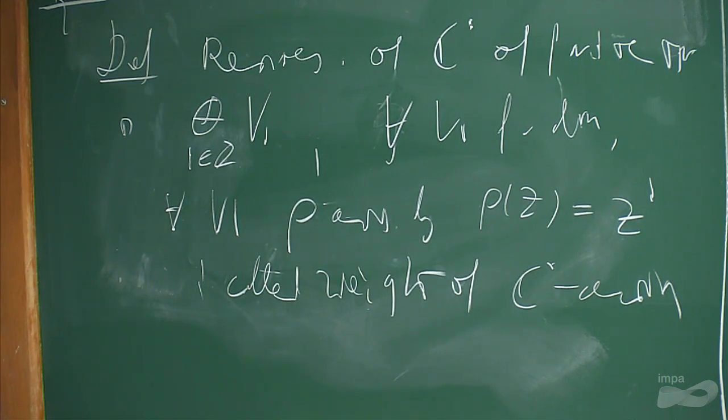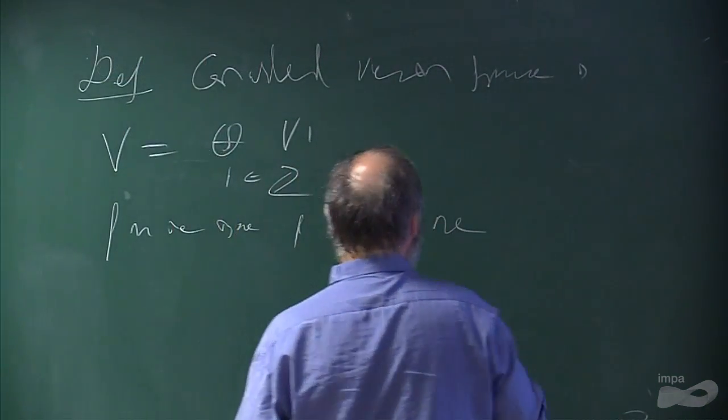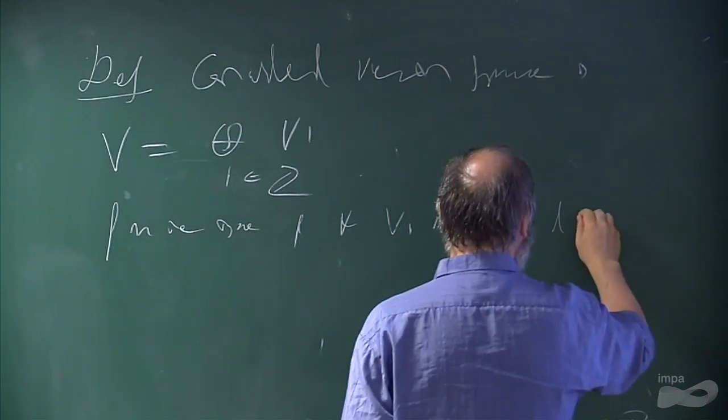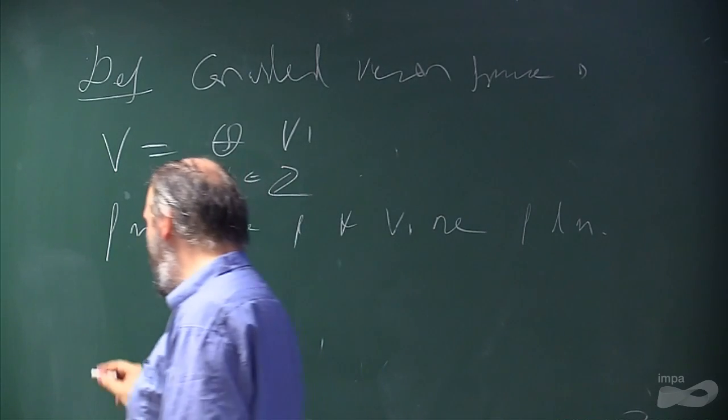Now, a graded vector space is something which we had already seen. So a graded vector space is a V which is a direct sum of V_i, i belongs to Z. It's of finite type if all V_i are finite-dimensional. And morphisms.